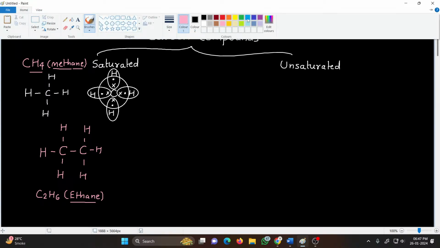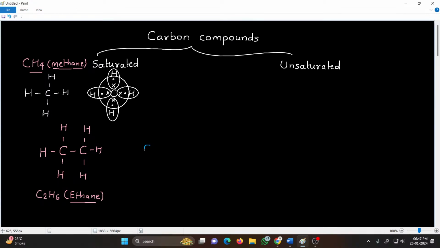Similarly, 3 carbon can also form a chain like this. In this you can see that the first carbon has received 1 electron from the adjacent carbon. So, 3 more electrons are needed, which can be fulfilled by hydrogen.